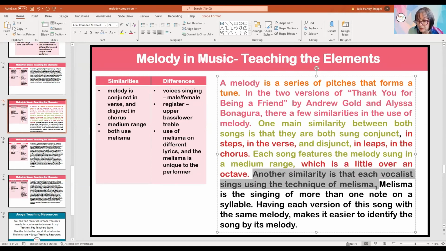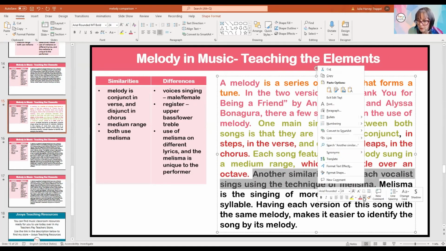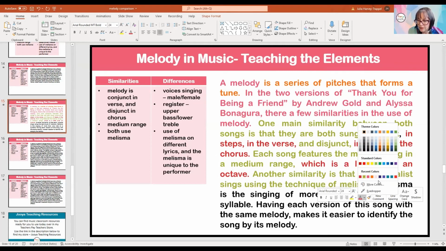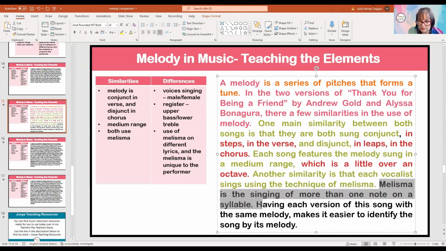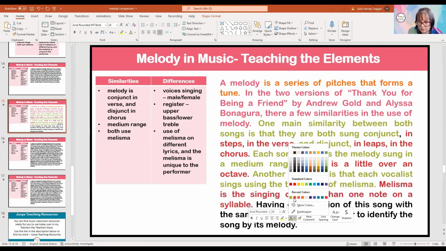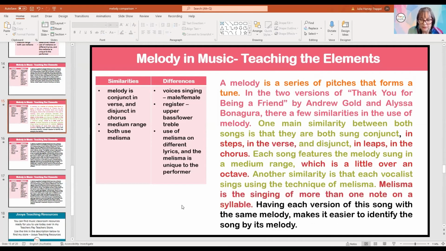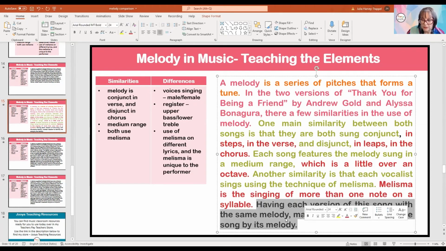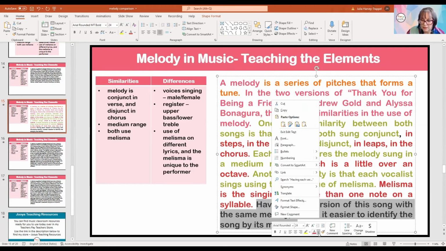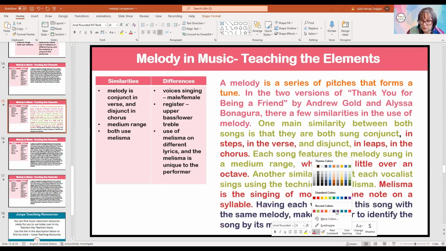So again, another sample, so we'll make that green. And then the next bit is all of this is the in-depth information. And then the last bit there, having each version of the song, and so on, is our connect to concept.